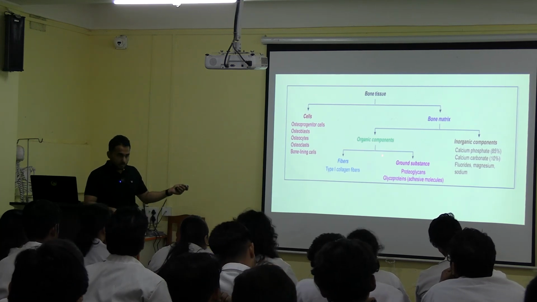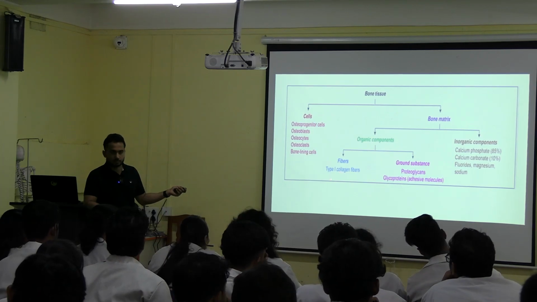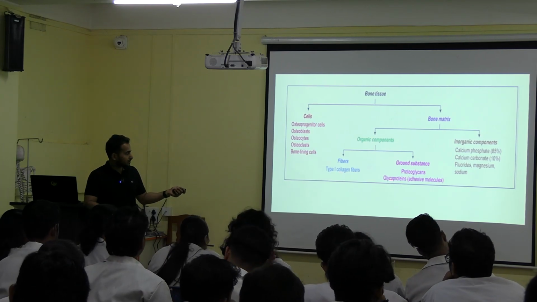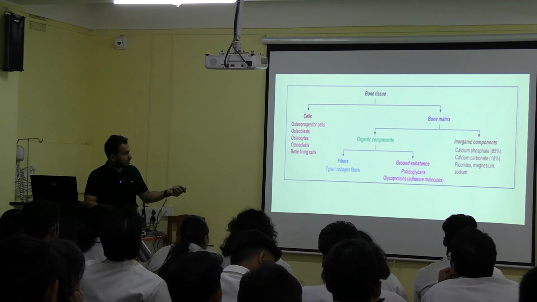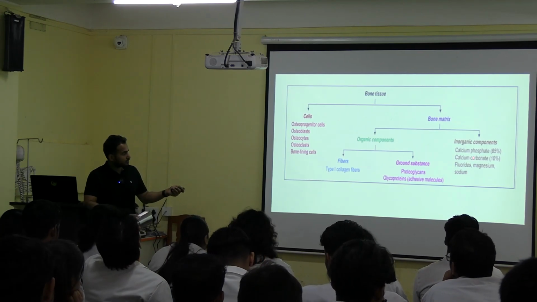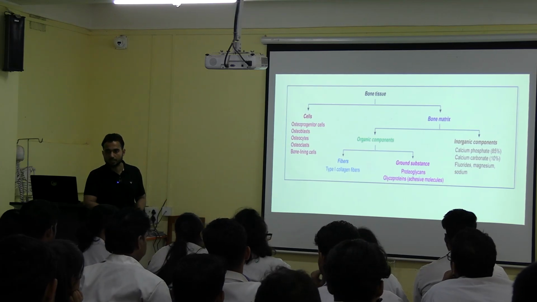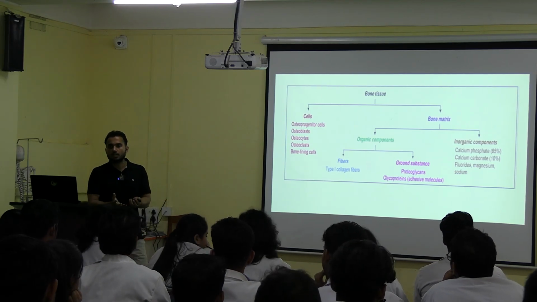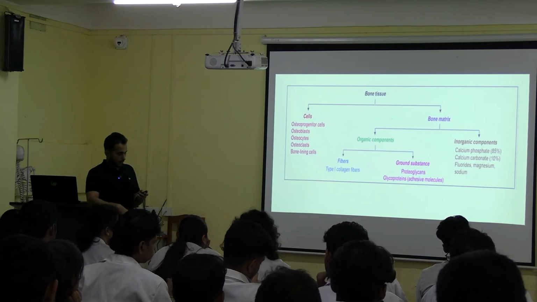In the organic component, type 1 collagen fibers are there, along with proteoglycans and glycoproteins. In the inorganic component, calcium salts and some other minerals are deposited, which forms the bone.